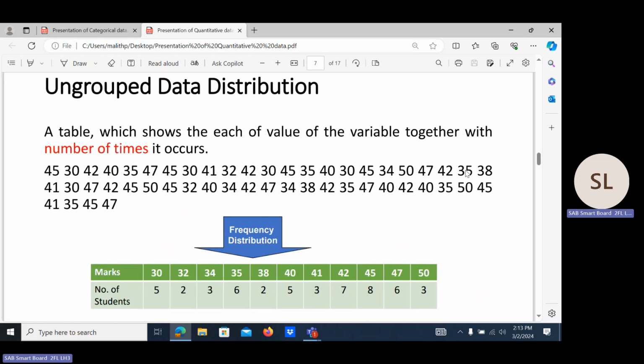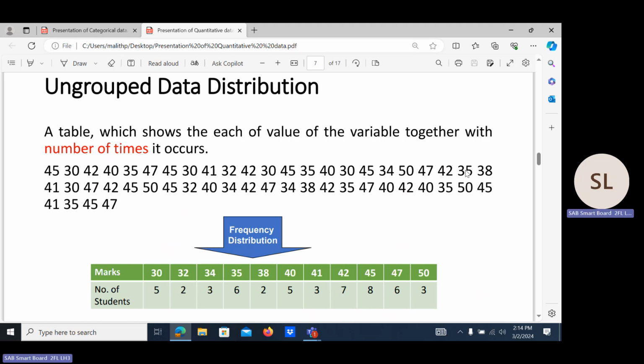Then the other one is ungrouped data distribution. An ungrouped data distribution is a table which shows each value of each variable together with the number it owns.